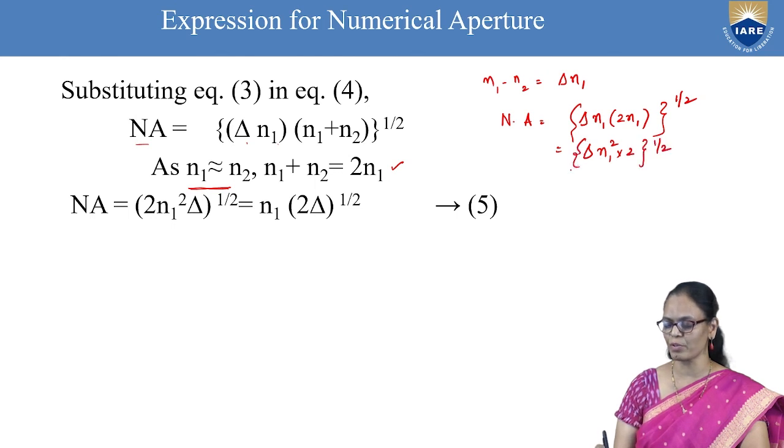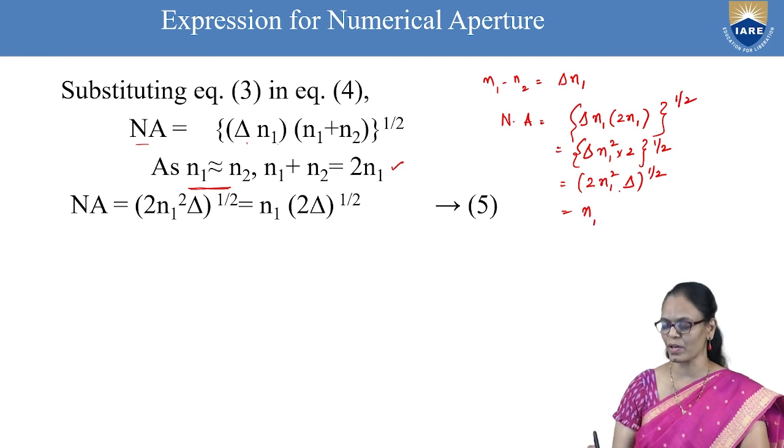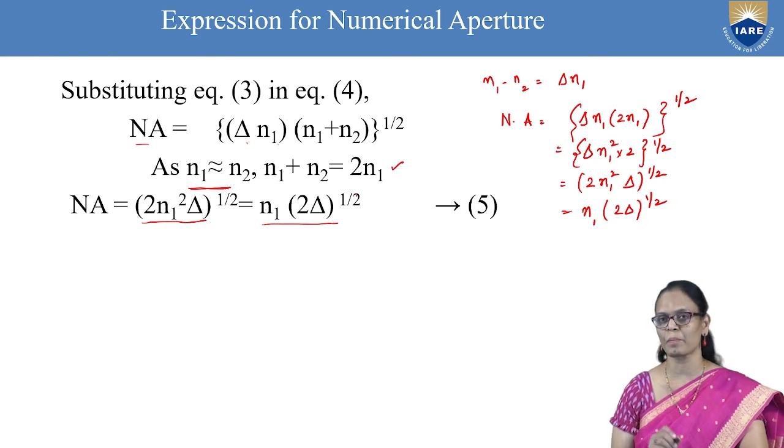We can write the numerical aperture as 2 n1 square delta, power half. Because n1 square power half becomes n1, we can take it outside the root and write it as n1, and inside we put only 2 delta, power half. That is how we write 2 n1 square delta power half as n1 into 2 delta power half.